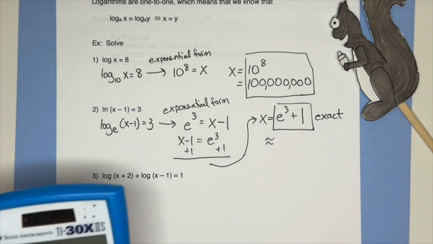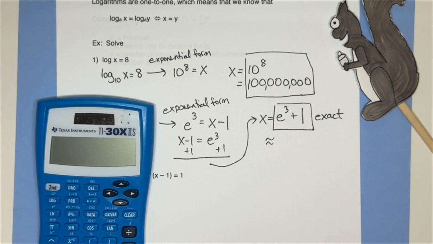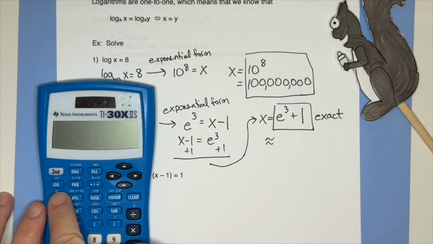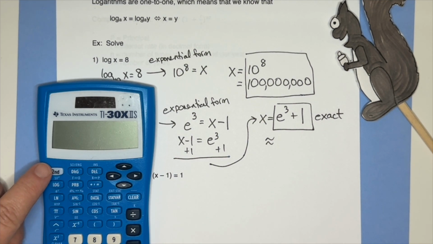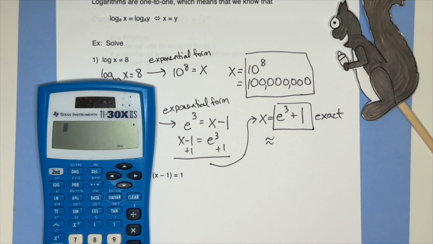Again, just like before, I'll work out an approximation to 2 decimal places. So e cubed. It's really hard to see, but above the natural log you see a little tiny e cubed, so to use that I use my second key. First, I turn it on. Hit my second key, it says second, then click on the natural log, and I get e to the, and I want to do cubed.